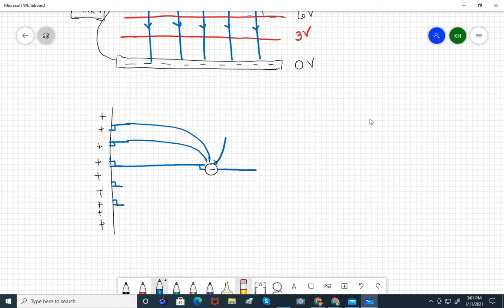All of these should make right angles at the surface of the conductor. They point away from positive, they point toward negative.